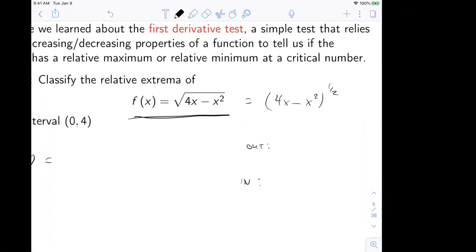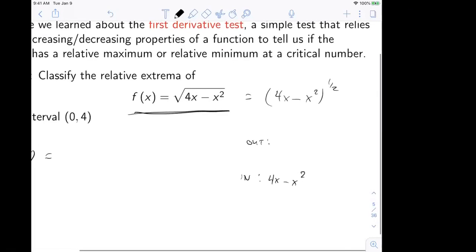Four x minus x squared. Yeah, exactly. 4x minus x squared. And then what's the outside function? X to the 1/2. Yes, perfect. Excellent. With the chain rule, I need to take the derivatives of both of these.